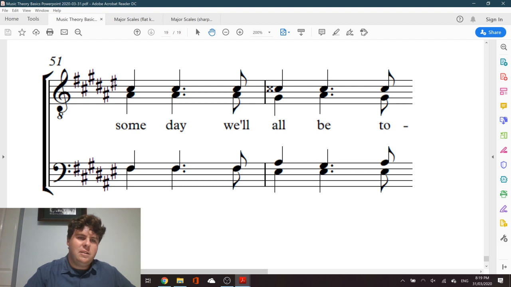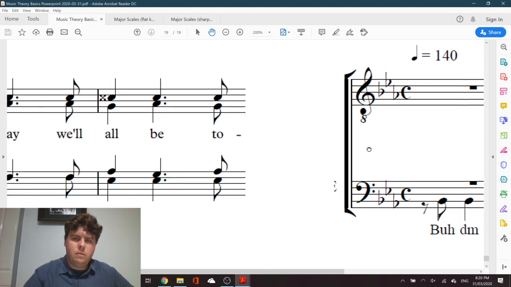So the last sharp is E sharp, which is a bit of an odd note because E sharp on the piano is the same as F, it's the F key. So if you go up one note from E sharp, you have F sharp. So the key of this is F sharp.